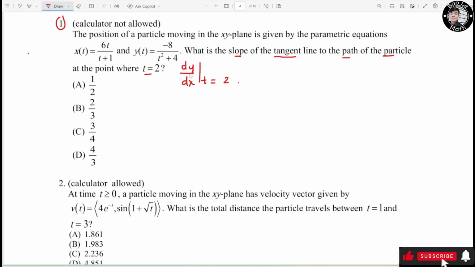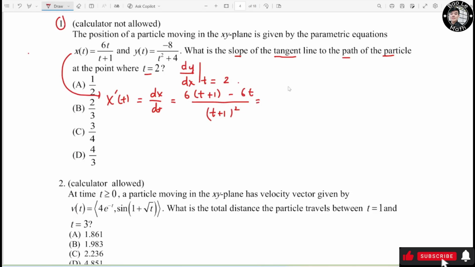So in order to do this one, we need to find dx over dt and dy over dt, right? So we have x prime of t equals dx over dt. It's going to be (t plus 1) minus t over (t plus 1) altogether squared, right?